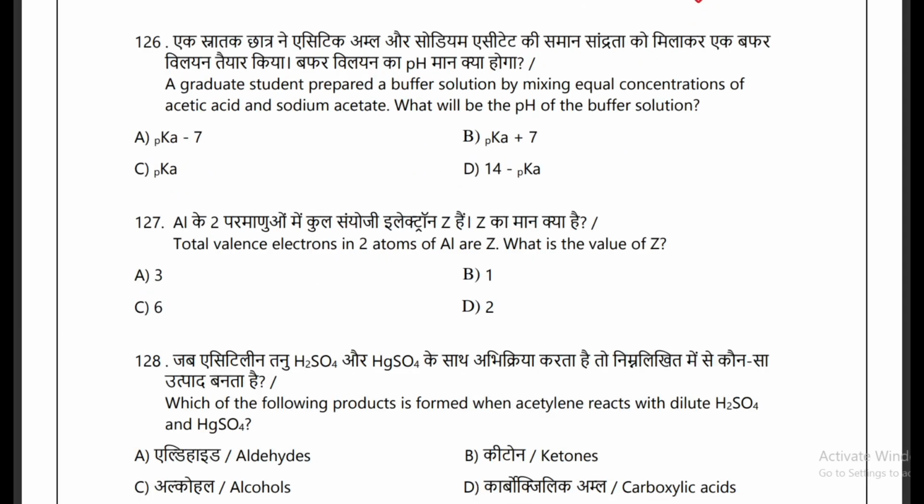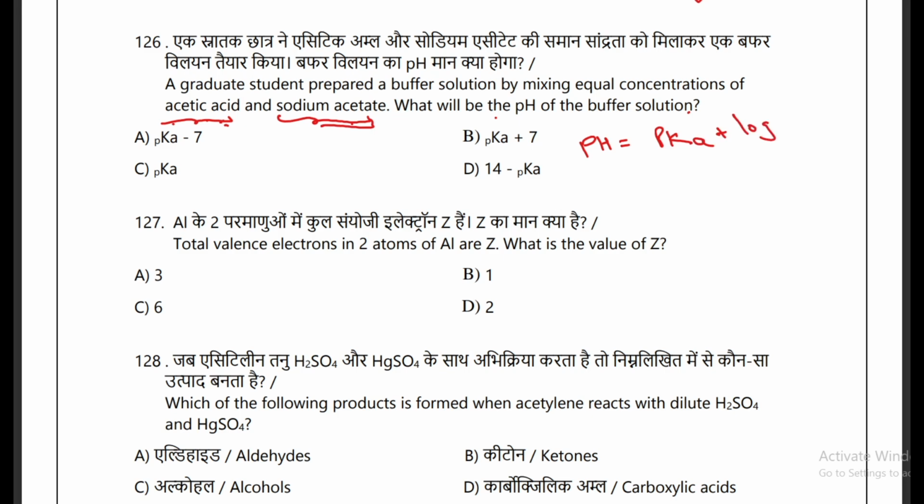In the next question, they are saying a graduate student prepared a buffer solution by mixing equal concentrations of acetic acid and sodium acetate. What will be the pH of the buffer solution? So you know the Henderson-Hasselbalch equation, according to which pH equals pKa plus log of concentration of anion over concentration of acid. Because they are mixing acetic acid, which is a weak acid, plus its salt, sodium acetate.